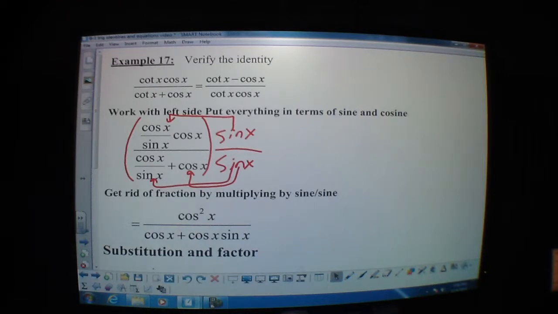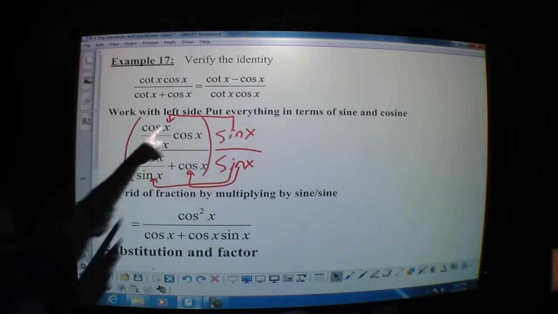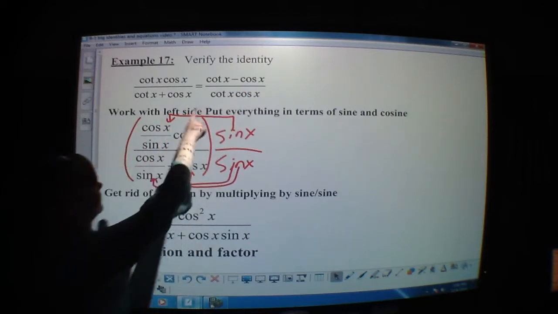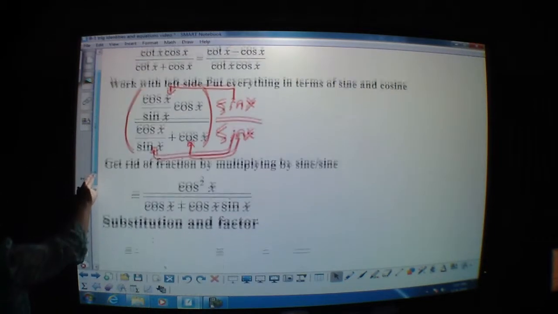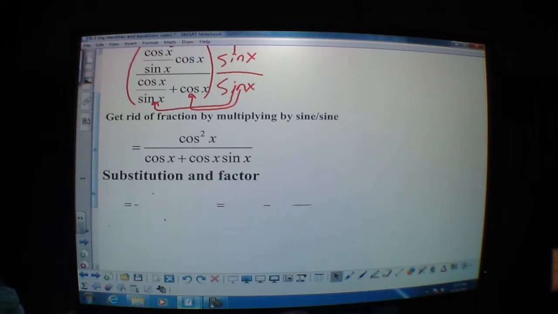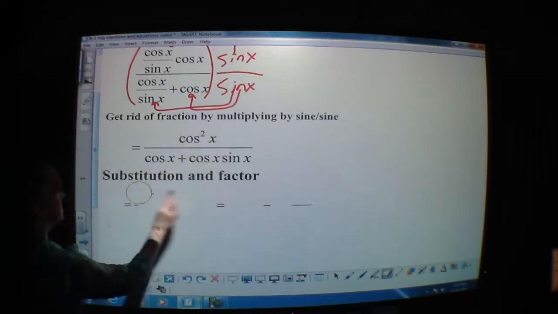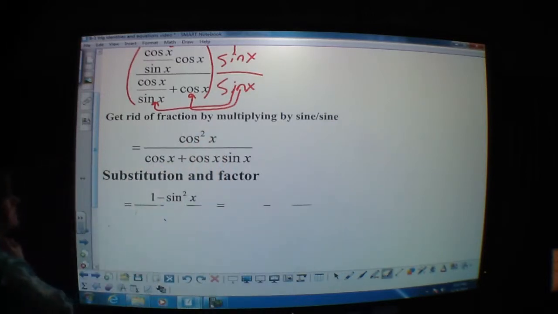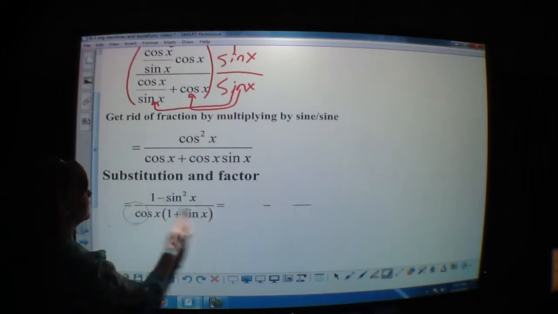Okay? So let me see what else I can do. Maybe I can do a substitution. So let me substitute. And always look at where you're going. I have something subtracted on the top. I have something multiplied on the bottom. So substitute. Instead of cosine squared, I know cosine squared is 1 minus sine squared.